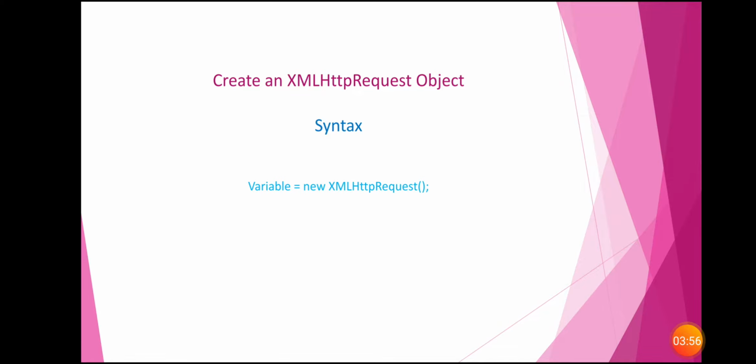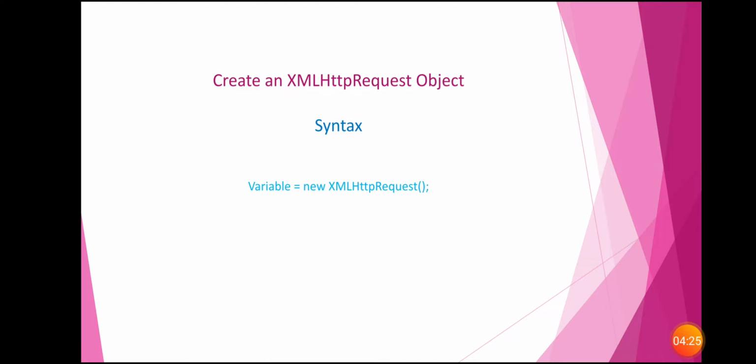This means that it is possible to update parts of a web page without reloading the whole web page. Syntax for creating an XMLHttpRequest object is variable equal to new XMLHttpRequest. All modern browsers like Chrome, Firefox, Internet Explorer 7 have a built-in XMLHttpRequest object.